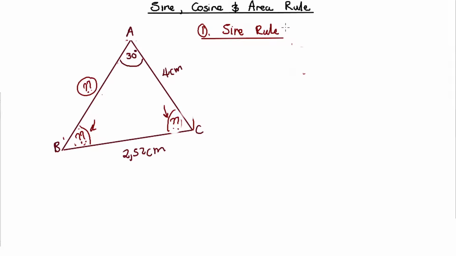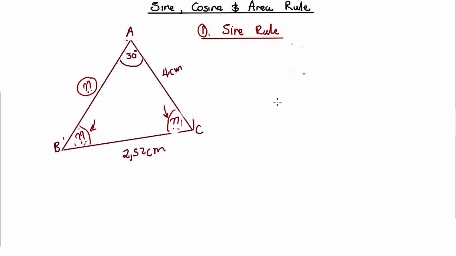So we know that the sine rule says if you take a side and divide it by the sine of the angle opposite to it, it's going to be equivalent to the other sides divided by the sines of the angles opposite to the respective sides.